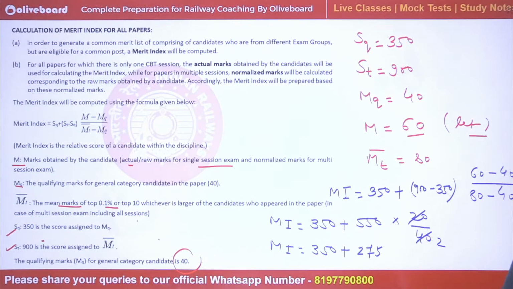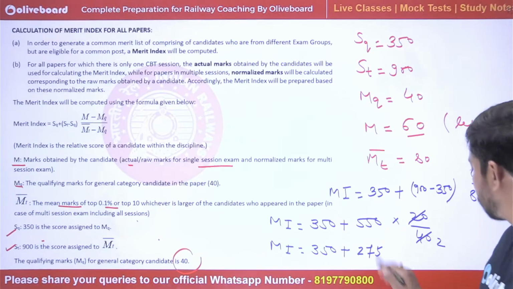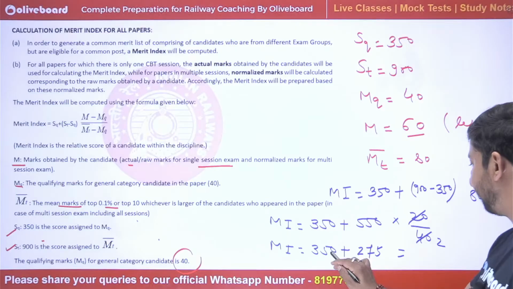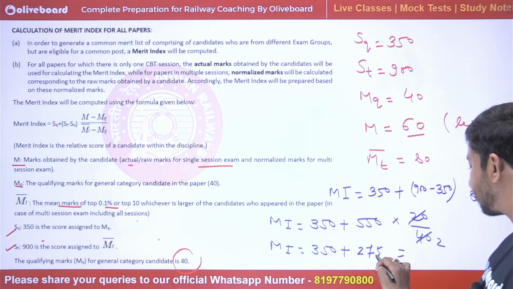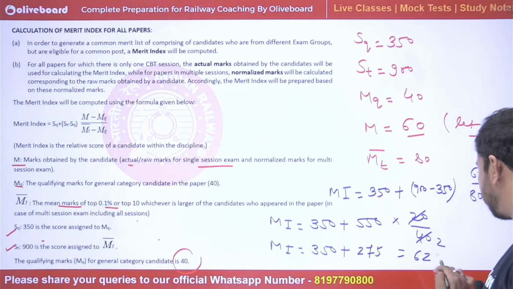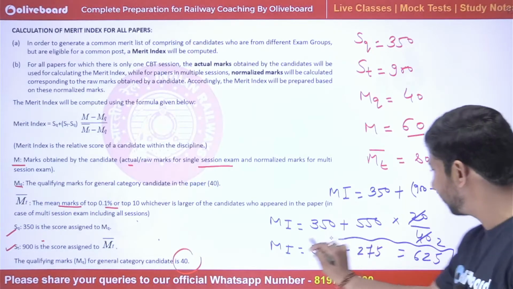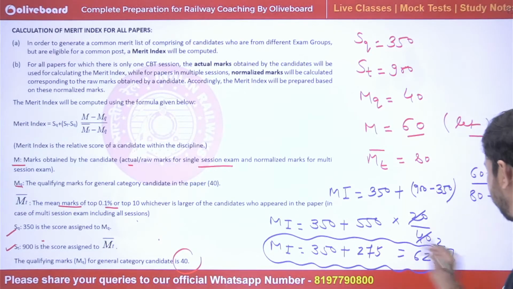When I add 350 plus 275, that comes out to be 625. So this 625 will be the merit index of this particular student.